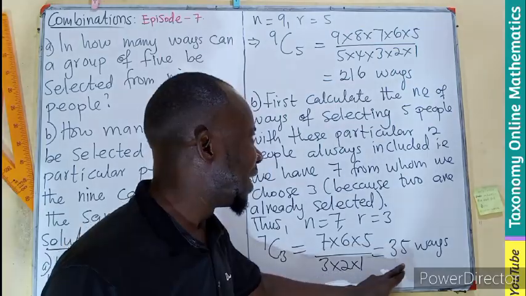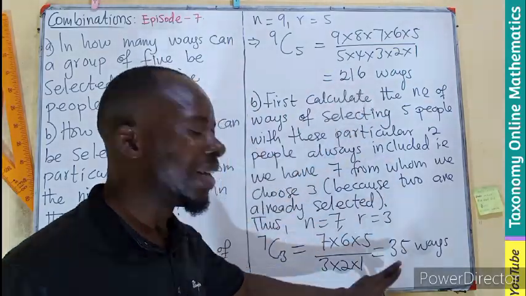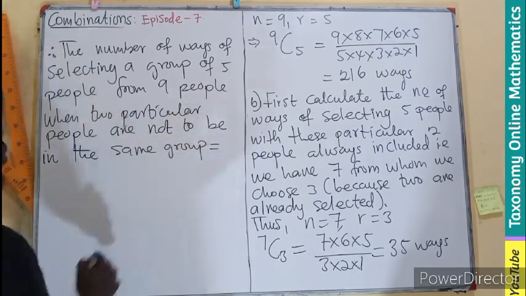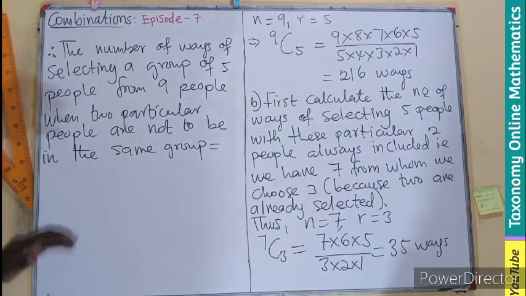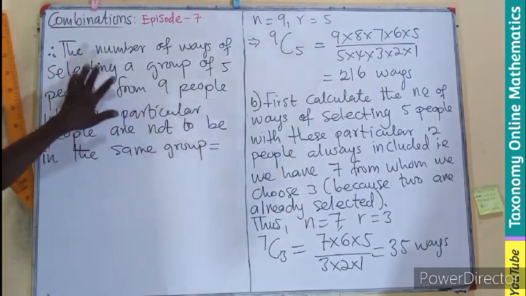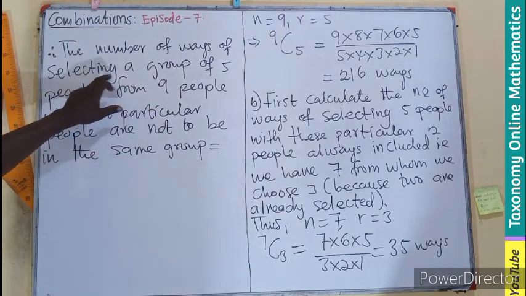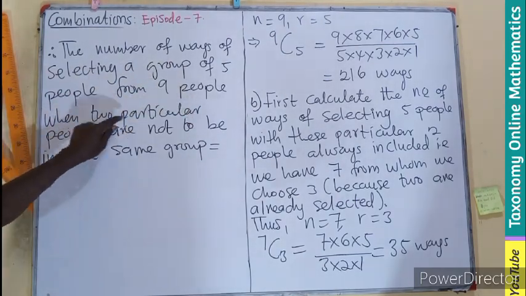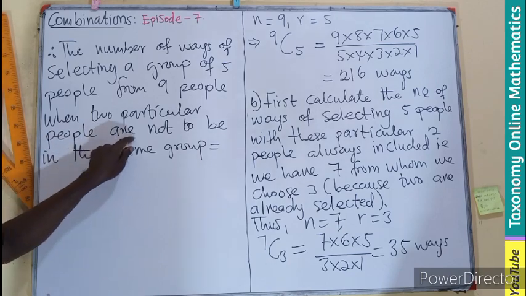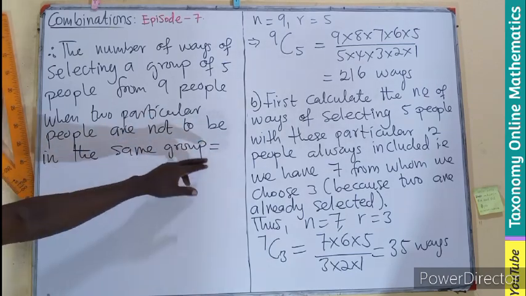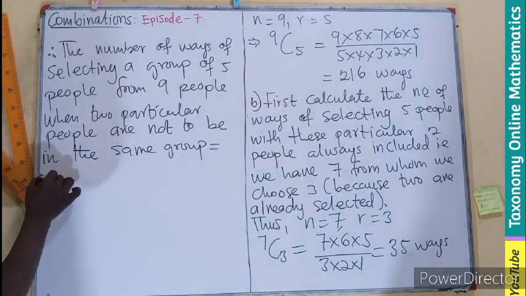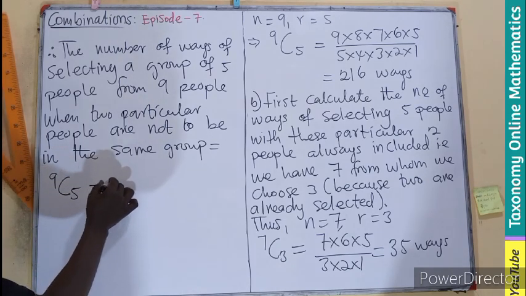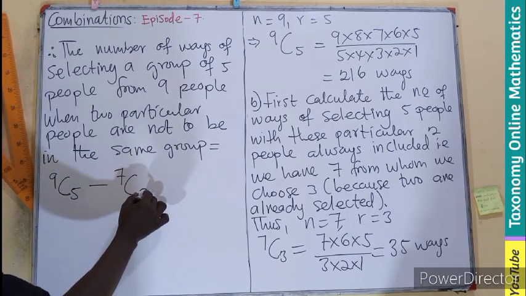So the question is asking for the number of ways of selecting a group of 5 people from 9 people when 2 particular people are not to be in the same group. That is going to give us 9 combination 5 minus 7 combination 3.